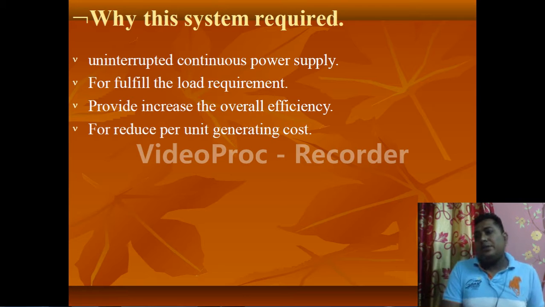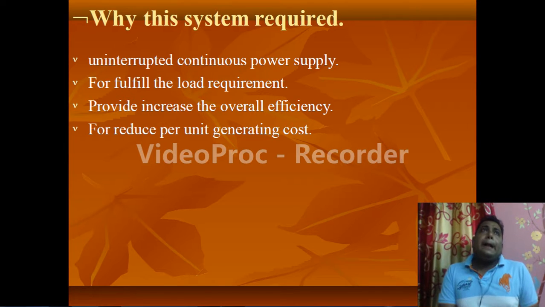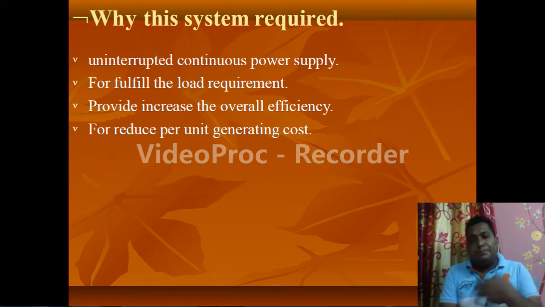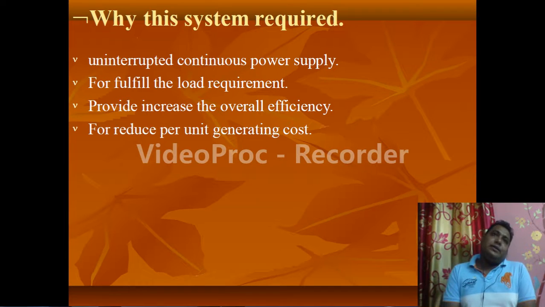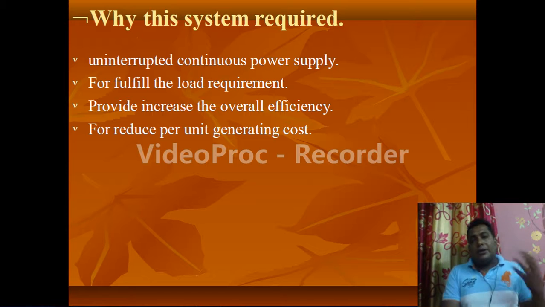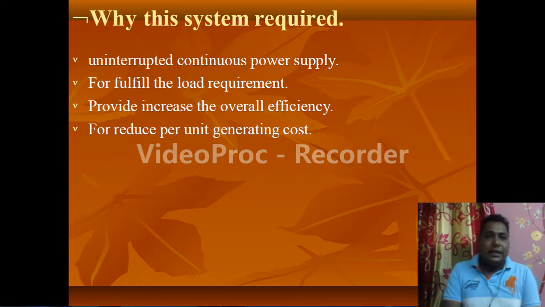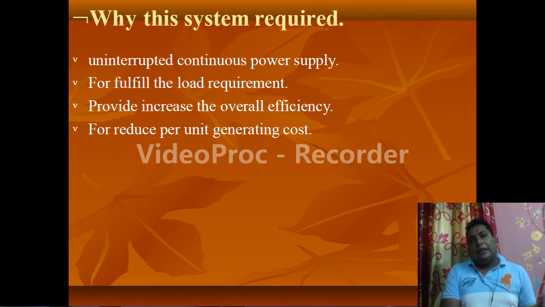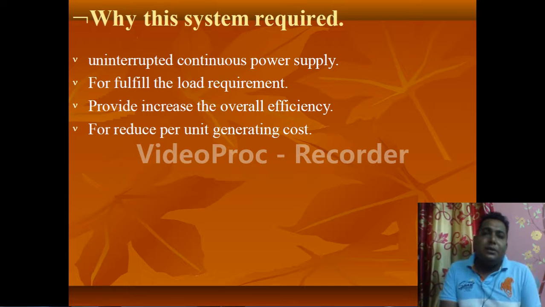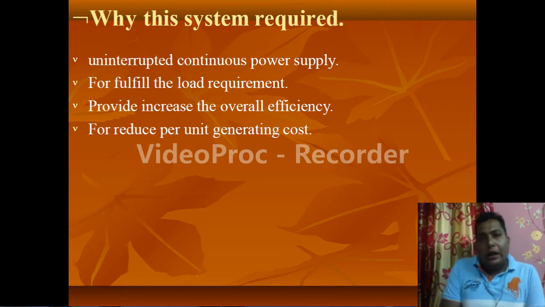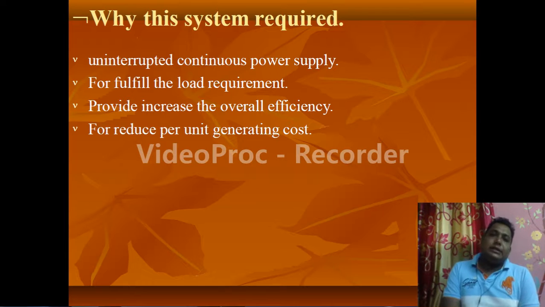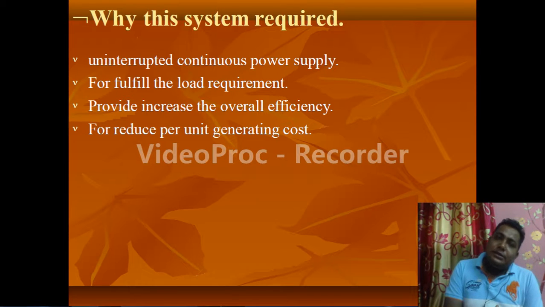So see, one thing is there. In India there are different kinds of locations. Some are hill areas, some are flat areas. In different areas the availability of the resources by which we generate electricity is different, correct.